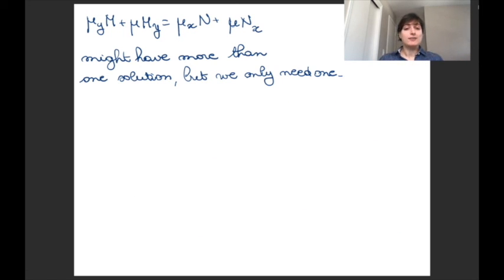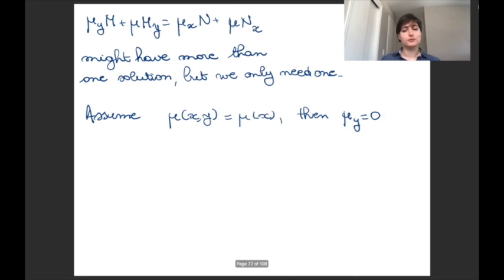It also can have more than one solution, but in that case we don't care because we only need one version of mu that satisfies it. So if you have multiple solutions, just pick the easiest one for you to work with, and you're good. So what are cases in which it gets easier?